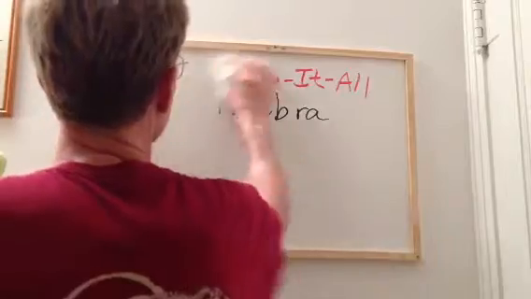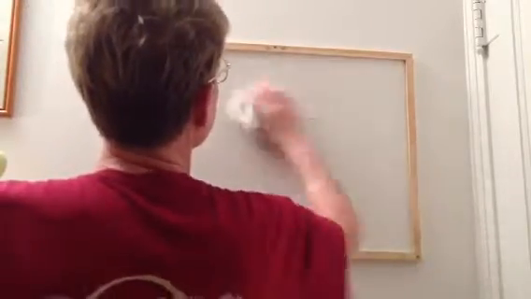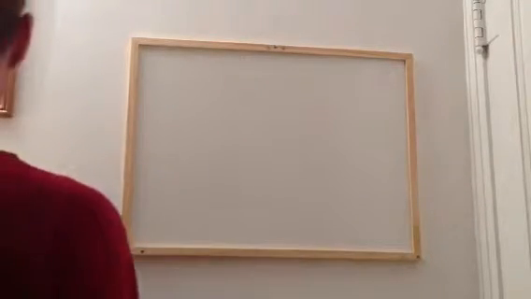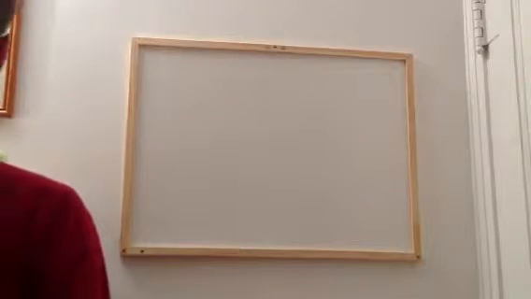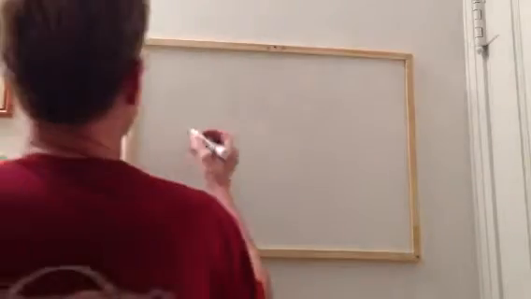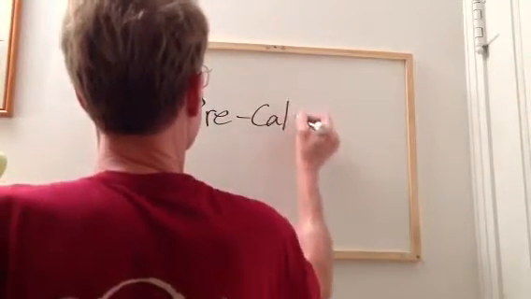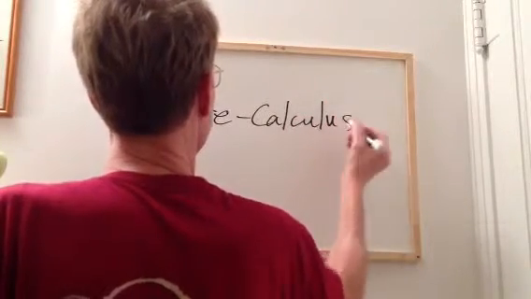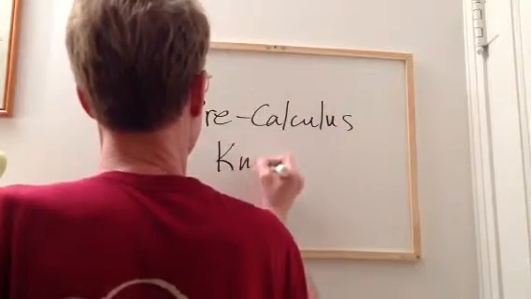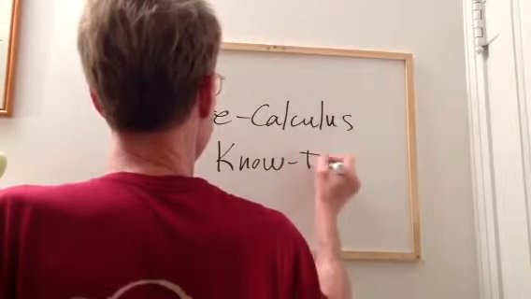You can't cover everything in a paper book anymore, not competing with online content that can be millions of pages long. So he called it Pre-calculus Know-It. Well, that's good enough for me.